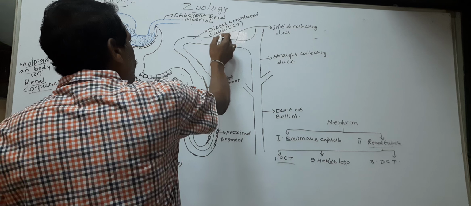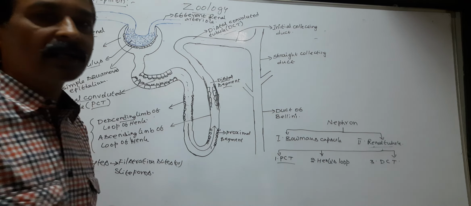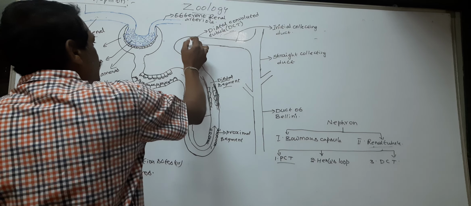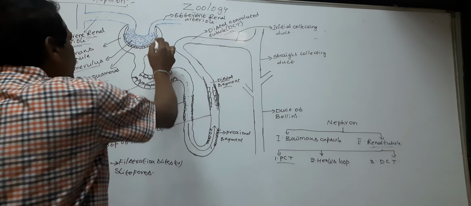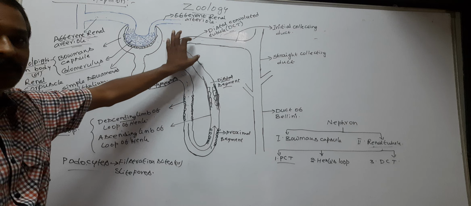The distal convoluted tubule is located in the cortex. Next, the distal convoluted tubule, or DCT, is situated near the Malpighian body.